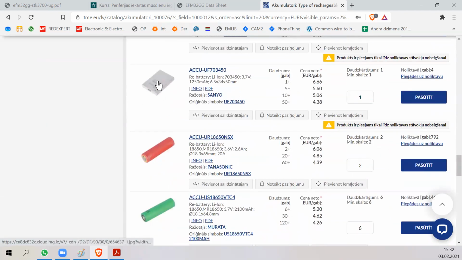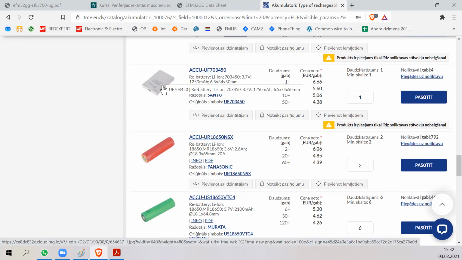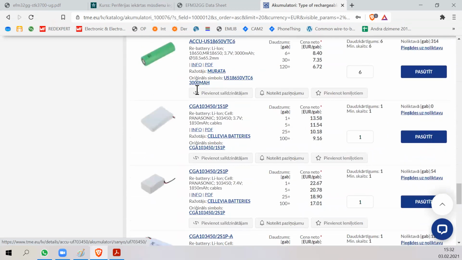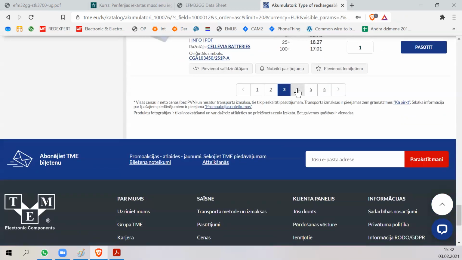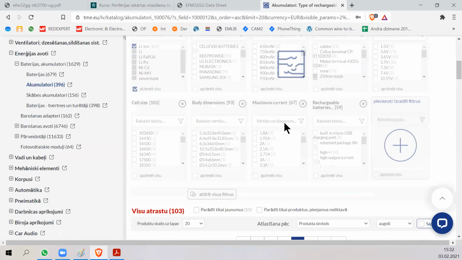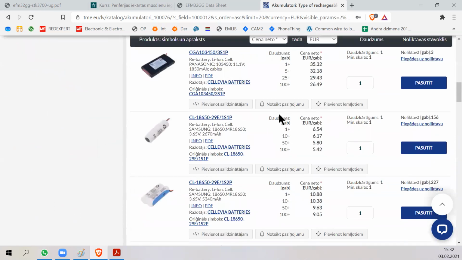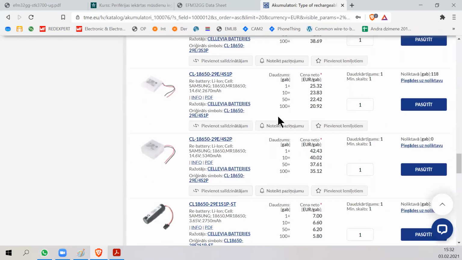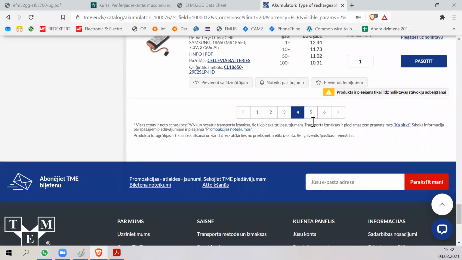These flat batteries are actually built from the round batteries, which are just compressed flat. And during this compression, they can get damaged and actually are not as safe. So one battery has one advantage and the other battery unfortunately has another advantage which the first one doesn't have.